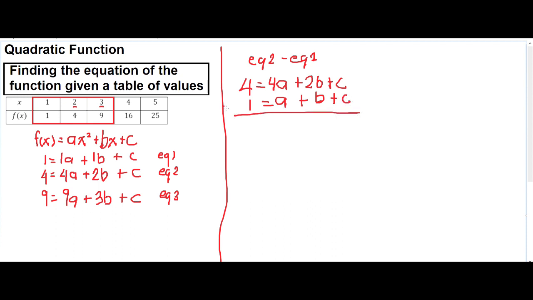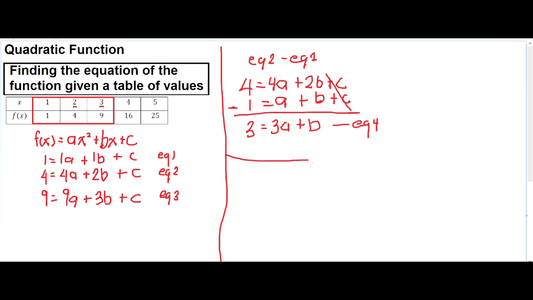Again, you need to subtract this one. You have 4 minus 1 is equal to 3. 4a minus a is equal to 3a. Dito naman is 2b minus b. It can be 1b o kaya b na lang. Tapos ito c minus c, cancel. This now will be your equation 4. Now, may equation 4 ka na.